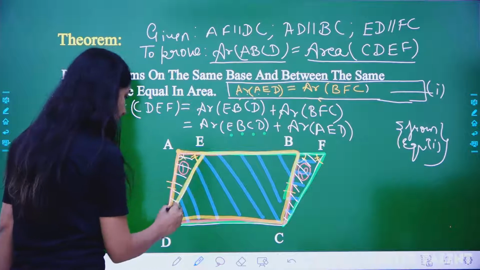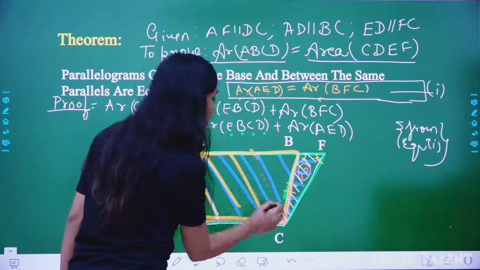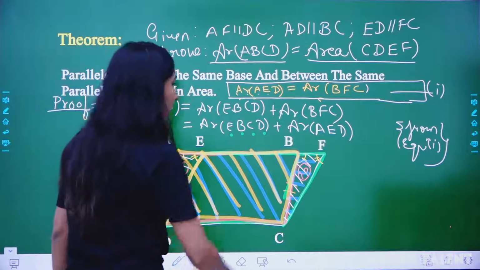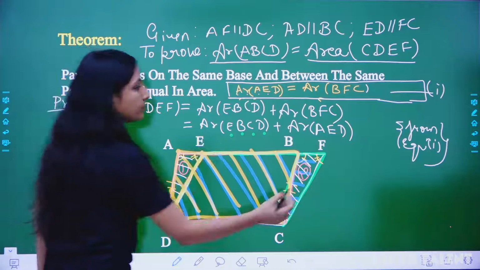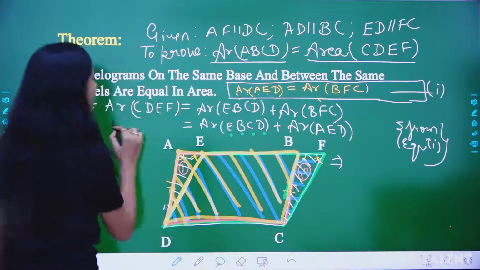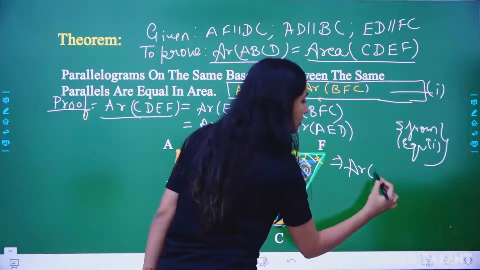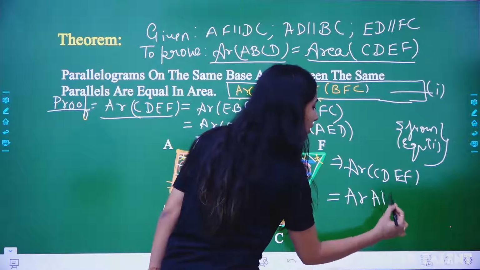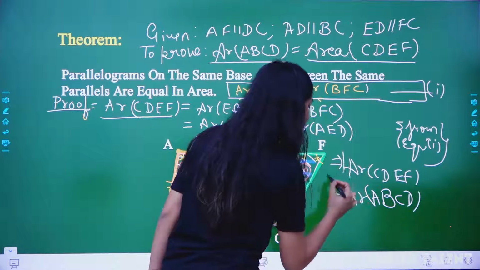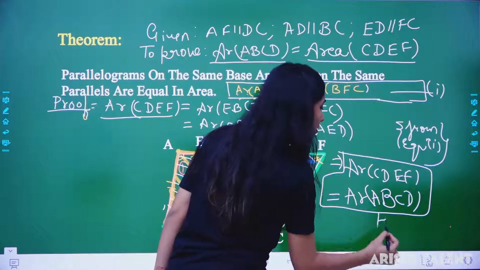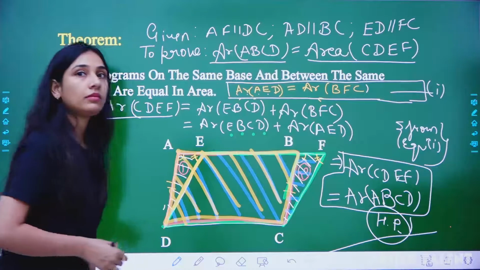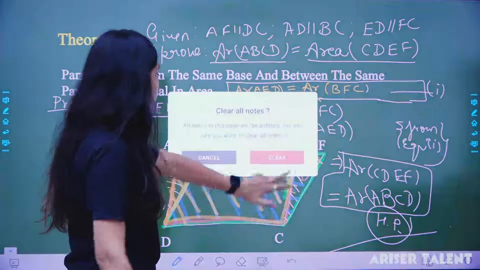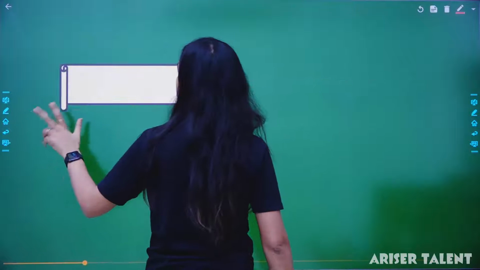AED is this area. So totally it makes this area, and this area is ABCD. So area CDEF is equal to area ABCD. Hence proved. Understood this clearly? Okay. Let's move to the next question.